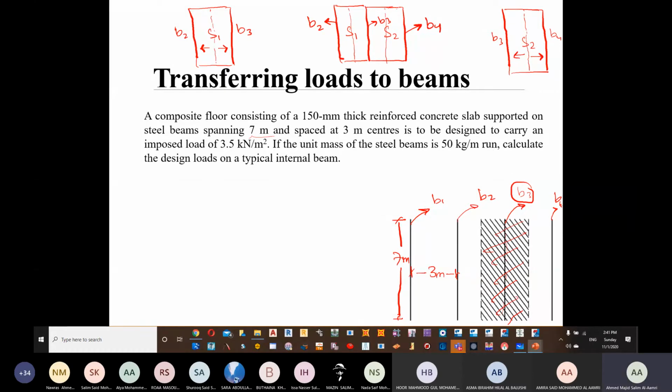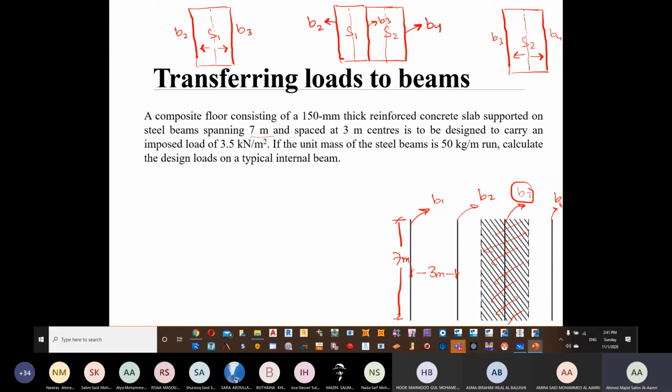Now after I have understood the areas and how many areas this particular beam is taking, I need to calculate the loading on the beam.